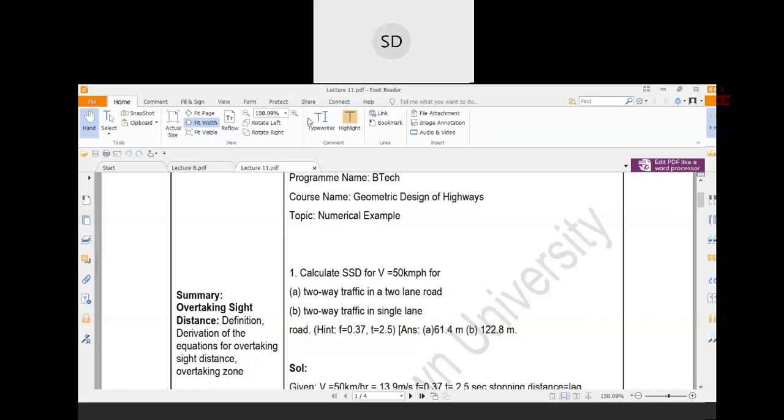So first thing is you have the formula for the stopping sight distance. And what is the formula for stopping sight distance?